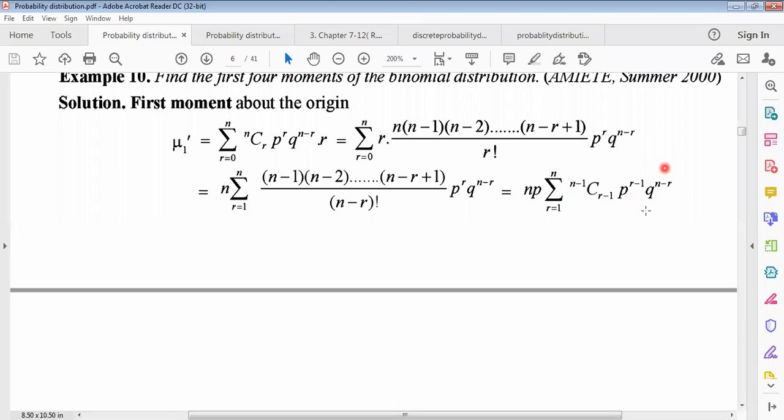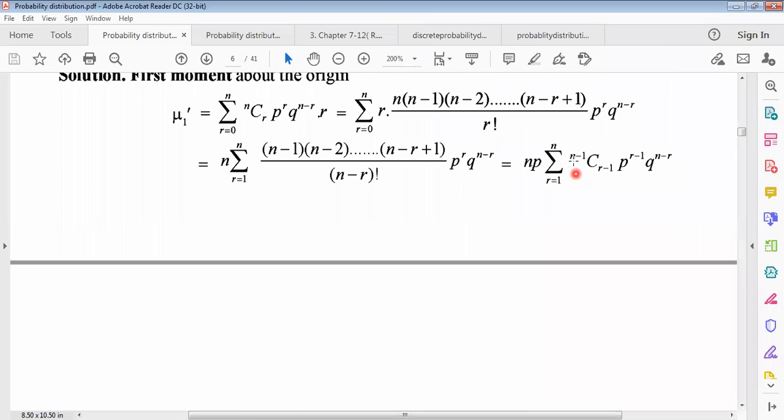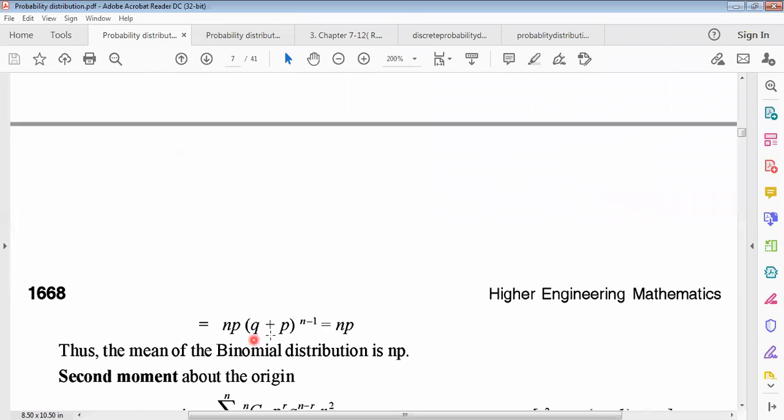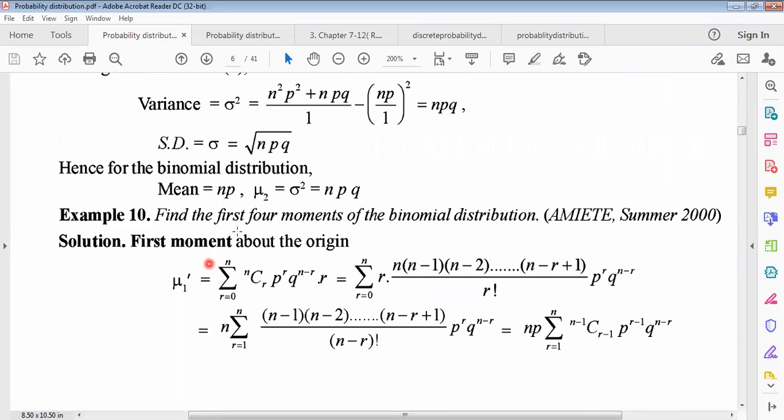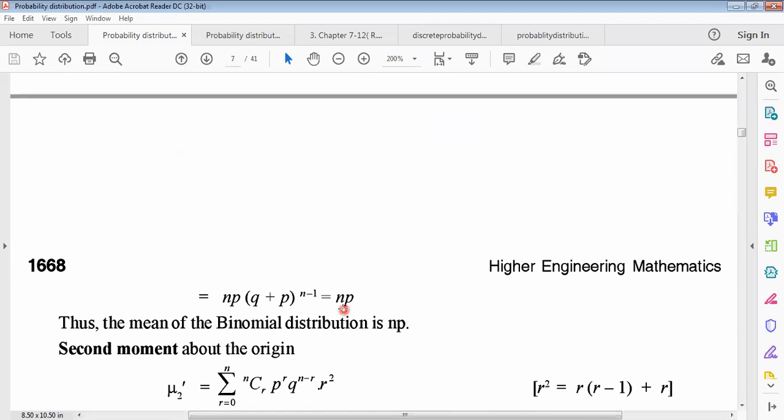This series can be written as (q plus p) whole to the power n minus 1. Since total probability p plus q equals 1, we get np into 1 to the power n minus 1, that means np. Thus the mean of the binomial distribution equals np. That means the first moment about the origin is np.